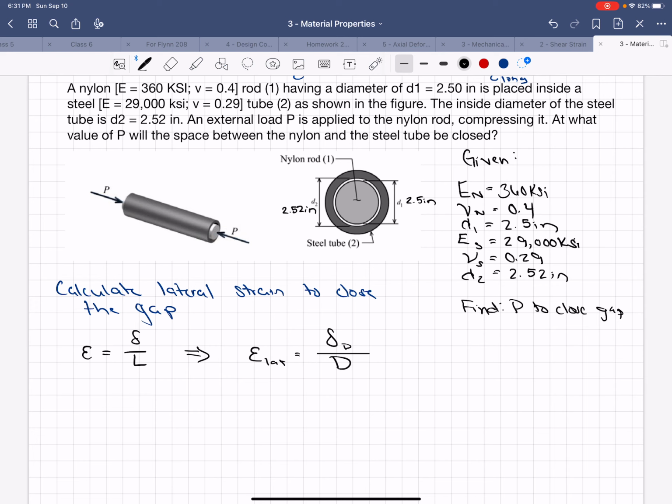So that equals the change in diameter, 2.52 inches minus 2.5 inches, all divided by the original diameter of 2.5 inches. So we get a lateral strain equal to 0.008 inches per inch.